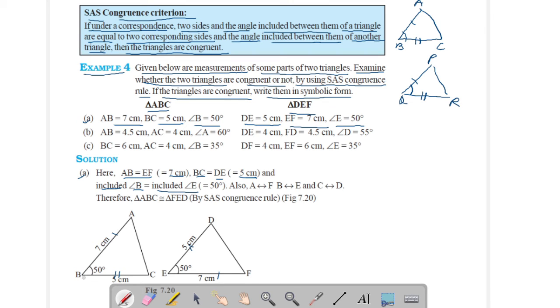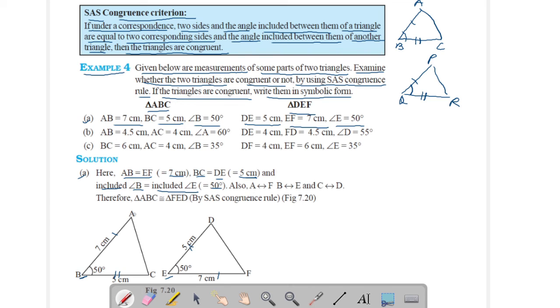The included angle is angle B, that is this angle, and here these two sides are equal. The included angle is E. These two angles are equal. Why? Because their measurements are the same, that is 50 degrees.